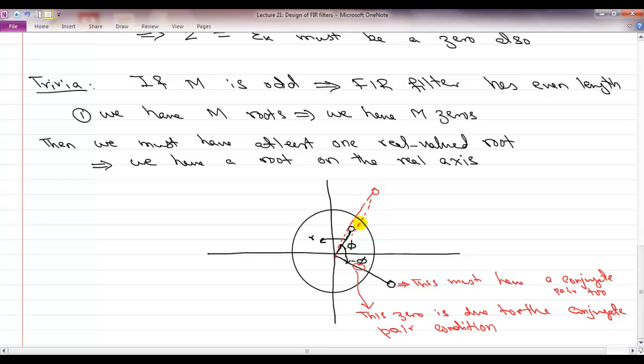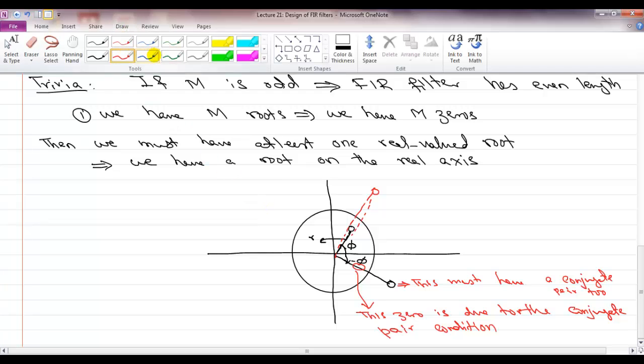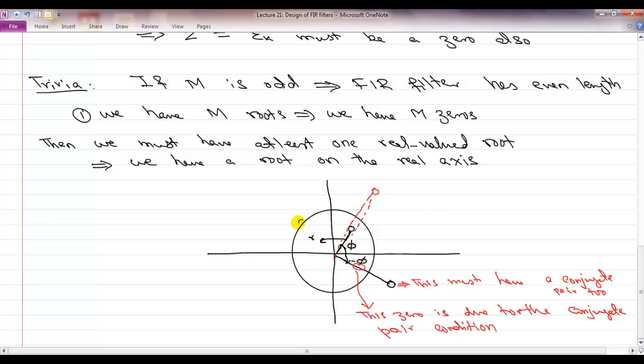Okay. Now, if I had a 0 on the unit circle, so let's say that I had a 0 on the unit circle here. Okay. Now, if this is at distance phi, because of the linear phase, I get another 0 here, and the conjugation condition is also the same.